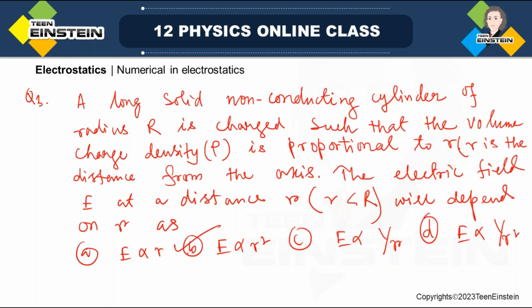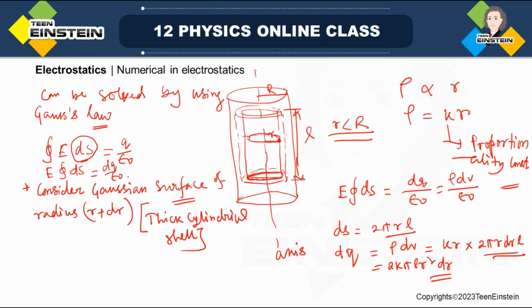I hope you have got this point. The only tricky point was how to get the total charge enclosed by that Gaussian surface.